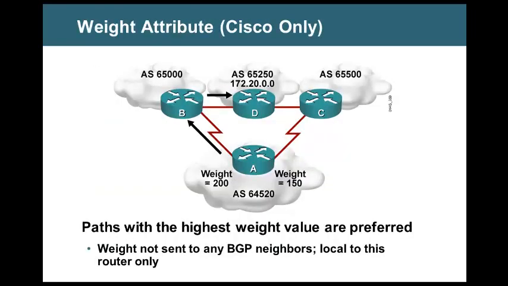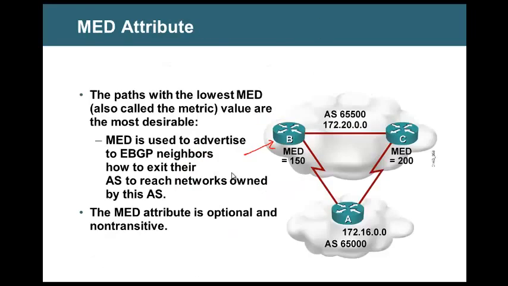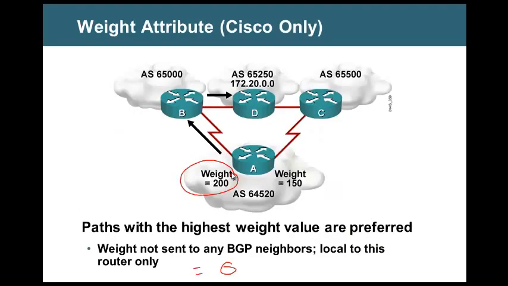MED is local to the router, and MED by default is 0. Sorry, what I'm saying is weight. By default weight is 0. It's Cisco proprietary. Higher is always preferred, because it gives more weightage to this neighbor. So whatever I learn from this neighbor, I give more weightage.